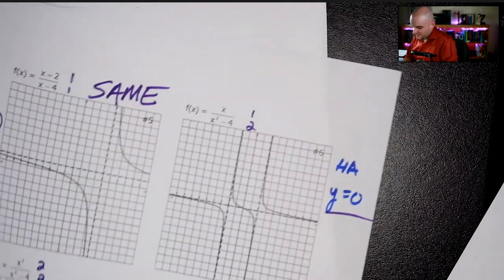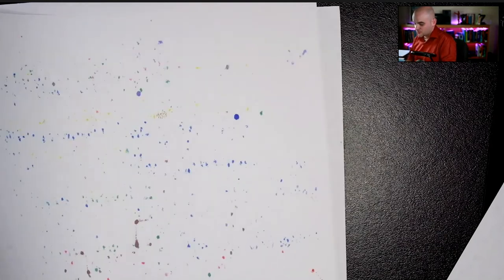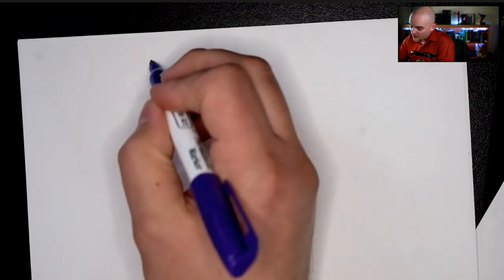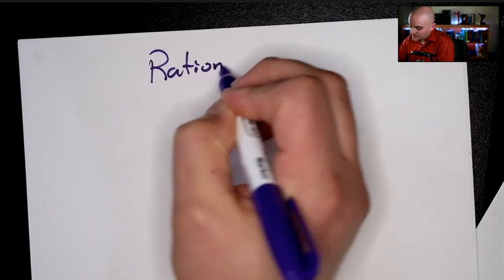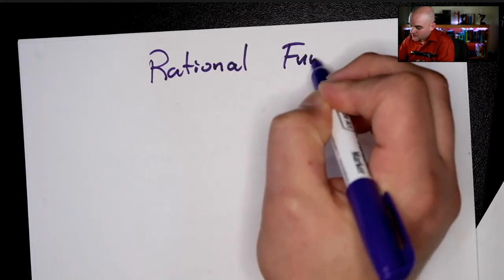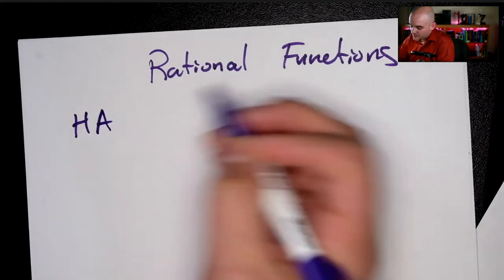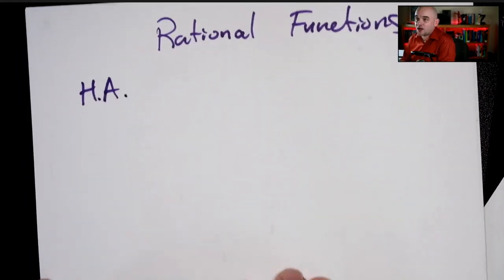And if you're saying that looking at a few specific examples doesn't look very mathematical as far as a proof goes, there are ways that we can show this is going to work out, and I'll explain that maybe in another video. But right now, we've got rational functions, and we are talking about the horizontal asymptotes, which I'll abbreviate HA.